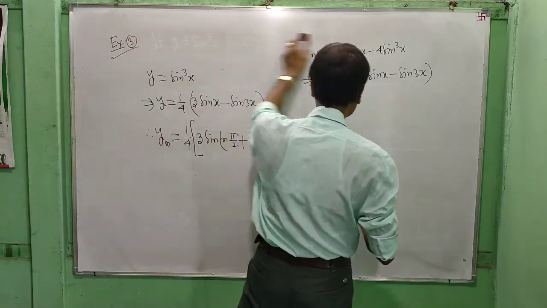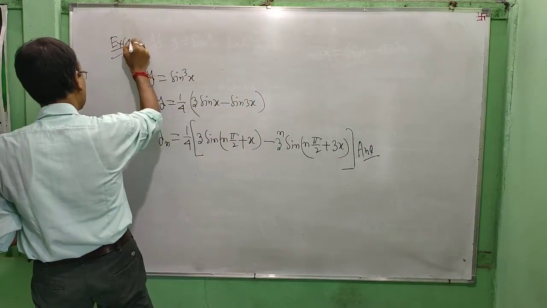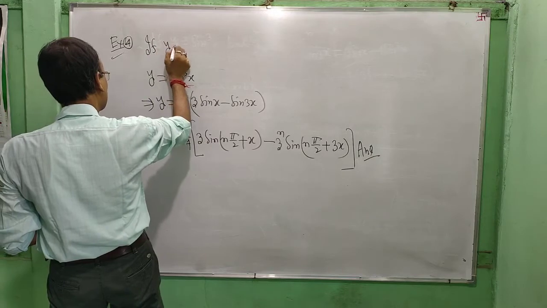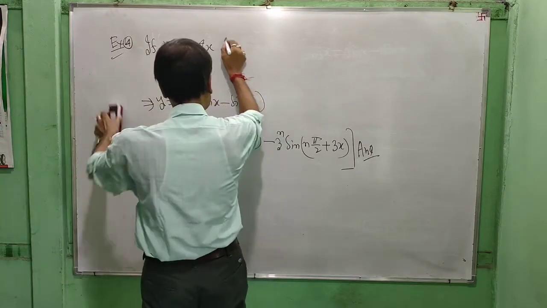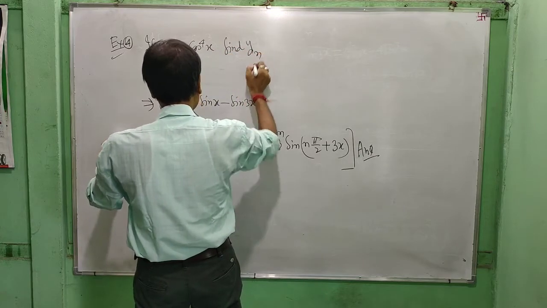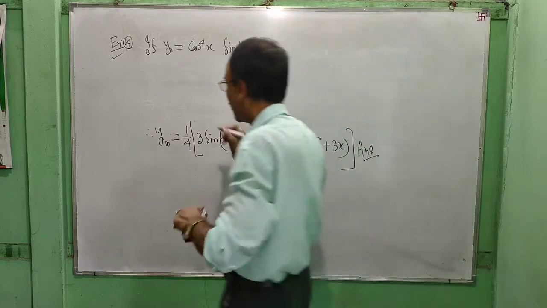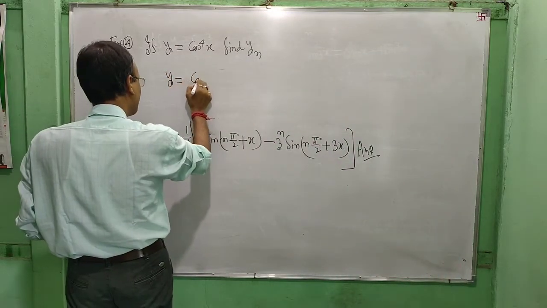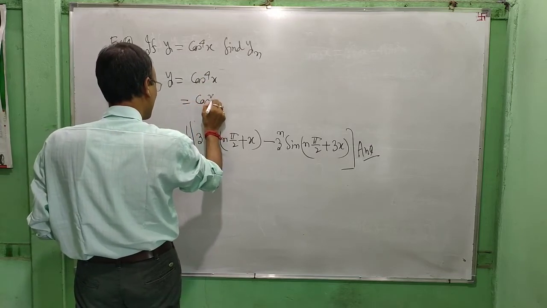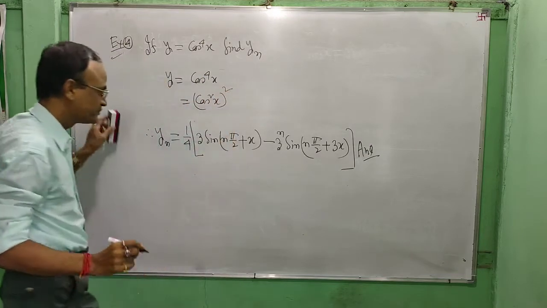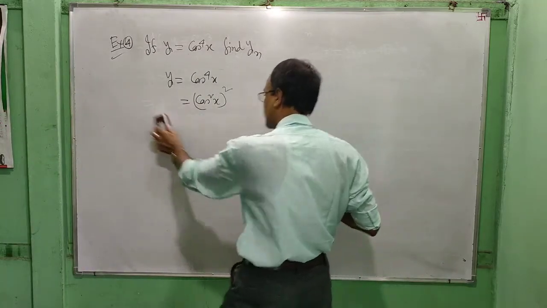Now example number 4. Suppose y is equal to cos to the power 4 x, find yn. Now y is equal to cos to the power 4 x, which is equal to (cos square x) whole square.